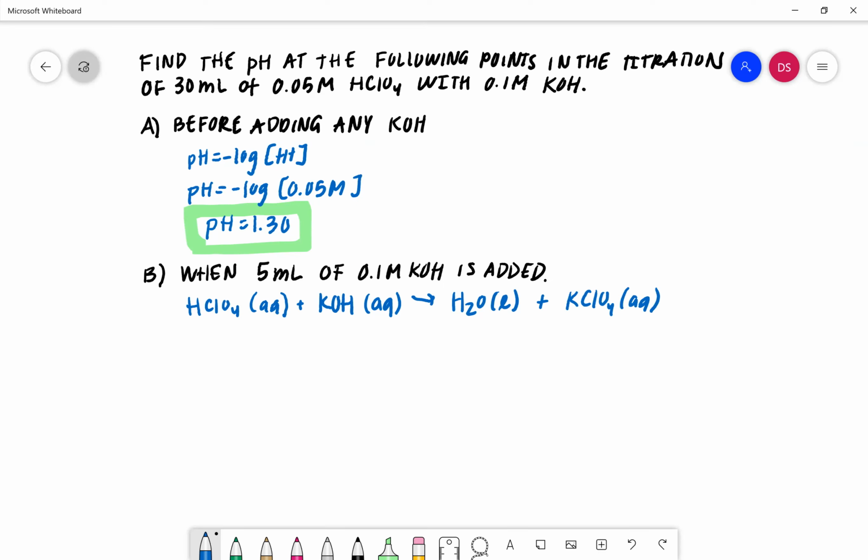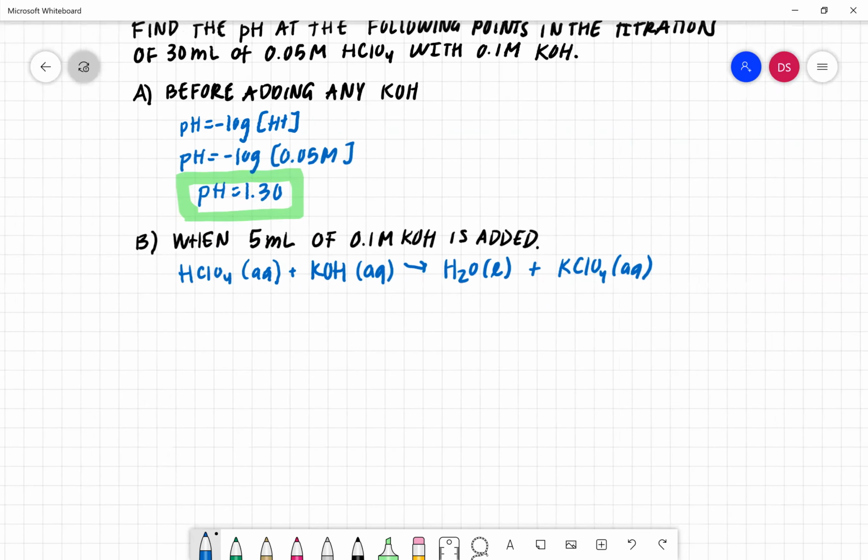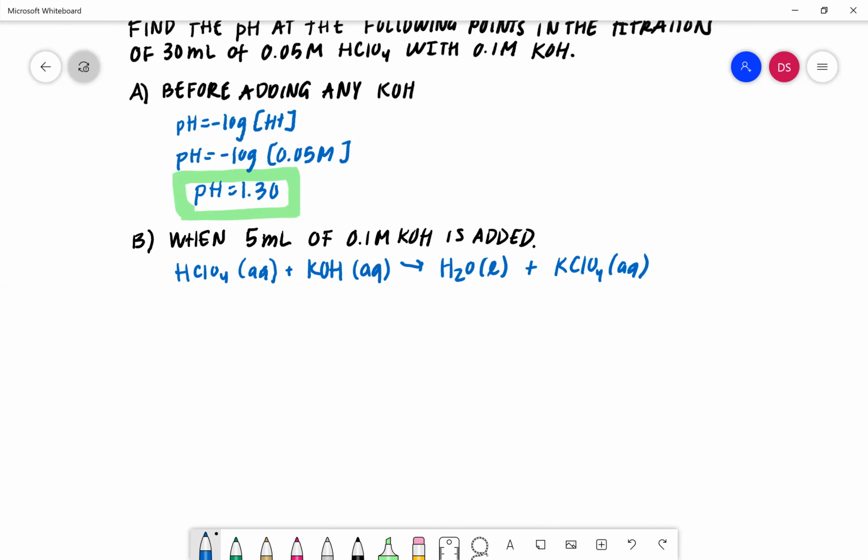We know the general equation for acids and bases is hydrogen ion plus hydroxide yields water. I'm going to write out the whole net ionic equation to show you where we get that from.